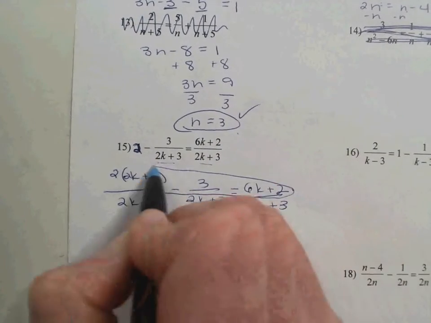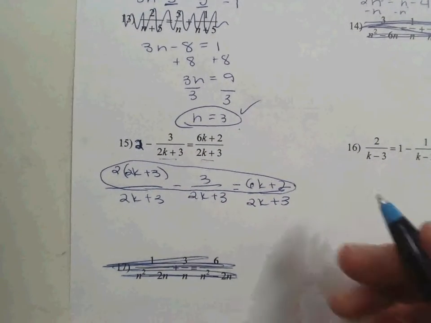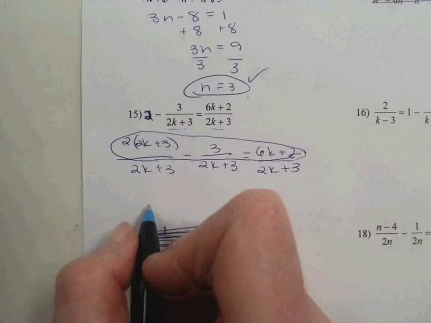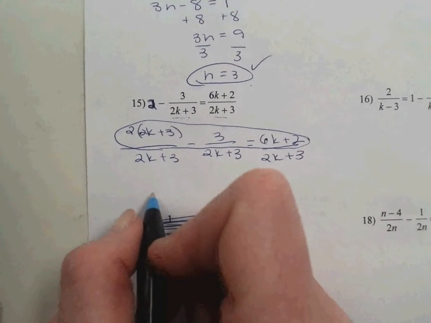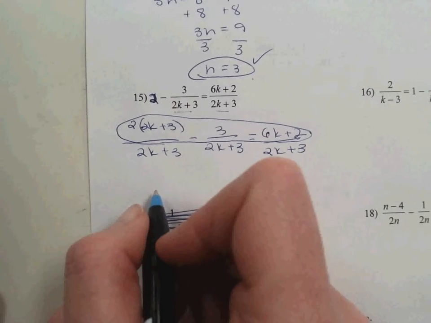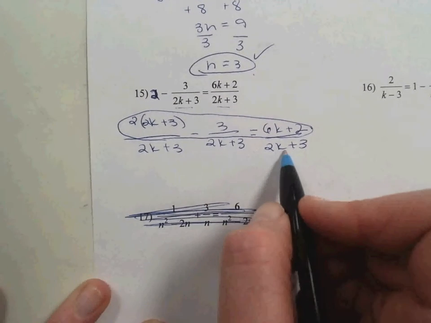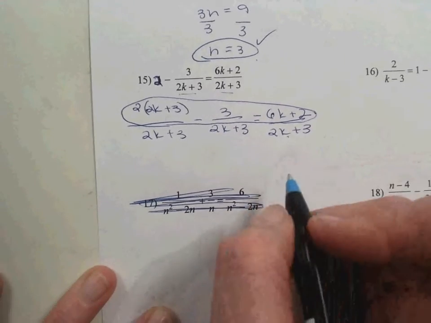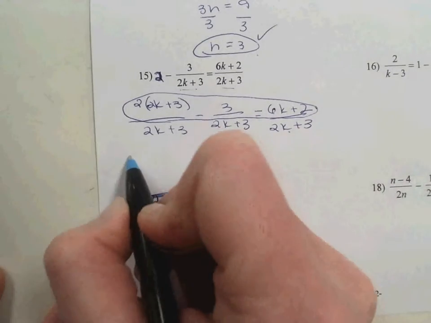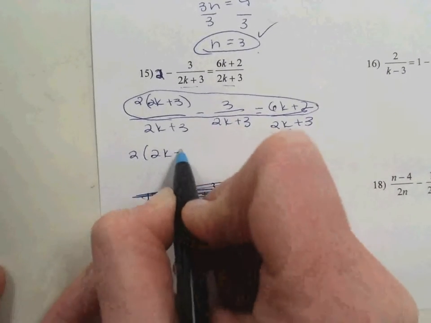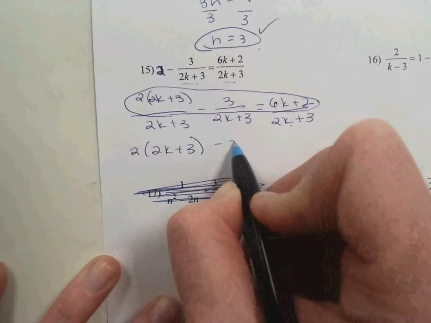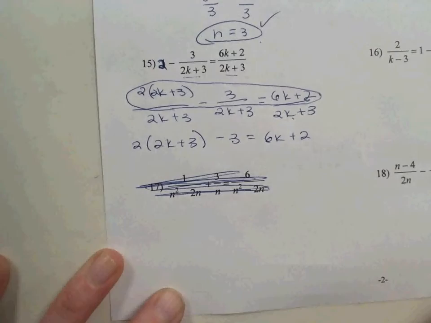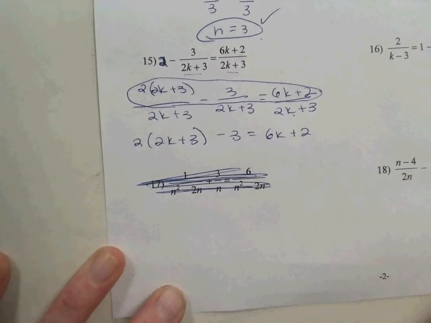Focus on the numerators, and it becomes very basic. Once you have a common denominator, I think that's the most challenging part, is finding a common denominator, which they've made very easy for us since it's already pretty obvious what that is. And then we would set up our algebraic equation and solve.